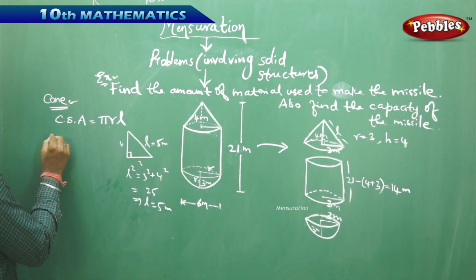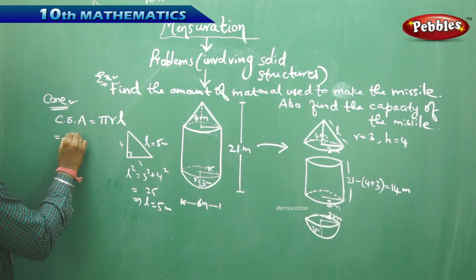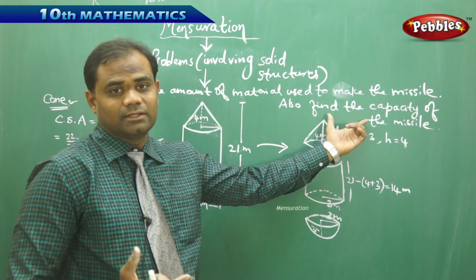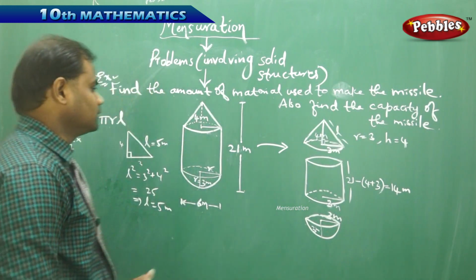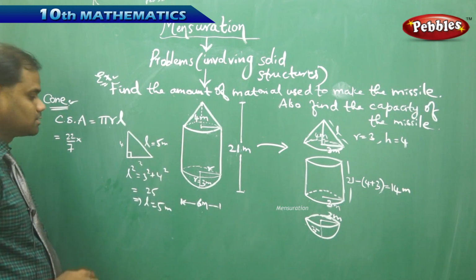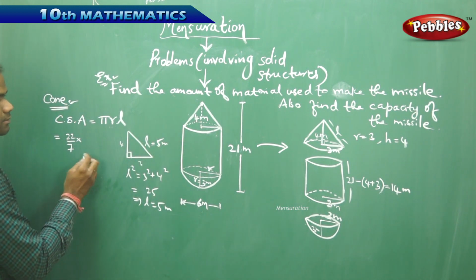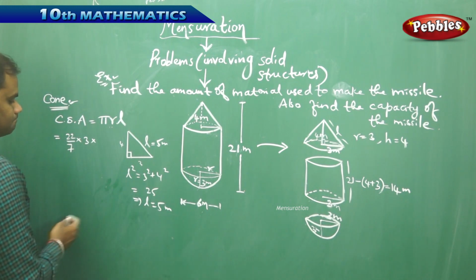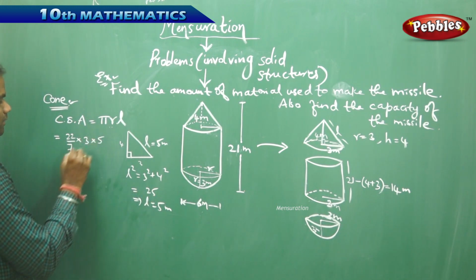Therefore, substituting here, I get pi r l, which is 22 by 7. Because the question doesn't mention anything, I can use pi as 22 by 7, until and unless mentioned in the question specifically. And the radius, which is 3, times the slant height, which is 5.